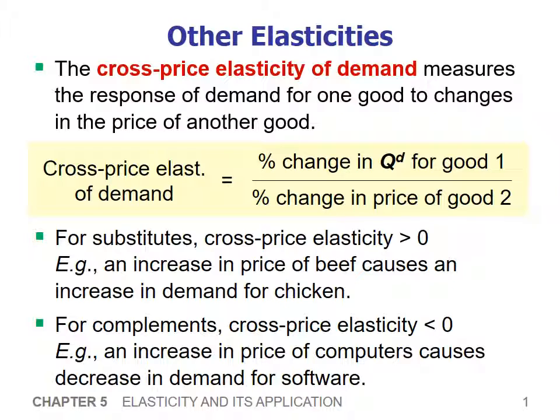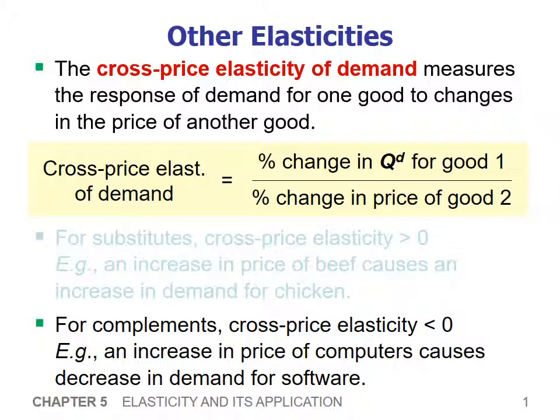Beef and chicken are substitutes. So let's say chicken is good 1 and beef is good 2. As price of beef goes up, people move from beef towards chicken, and thus we expect the sign of elasticity to be positive.